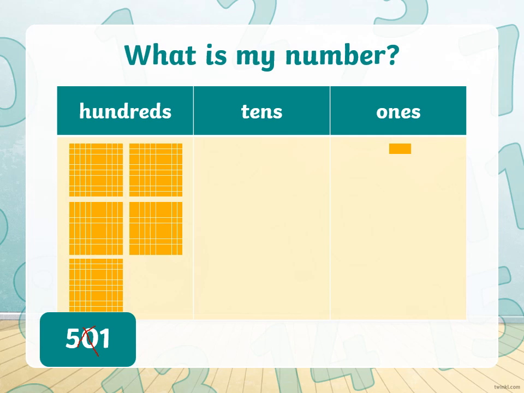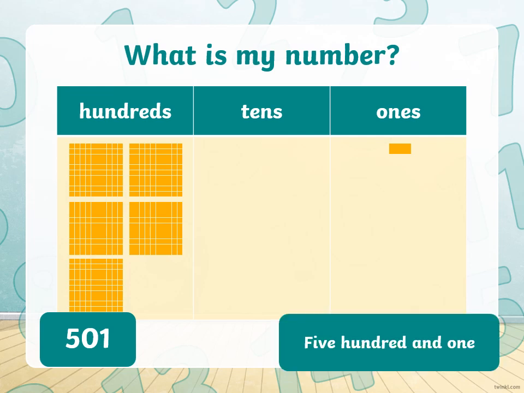But that doesn't make sense, does it? Because we know that we have 5 hundreds, 0 tens or no tens, and 1 one. So our number must be 501. And we can write that in words, 501.